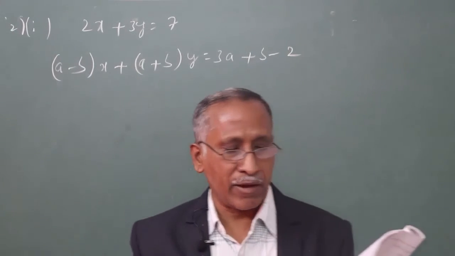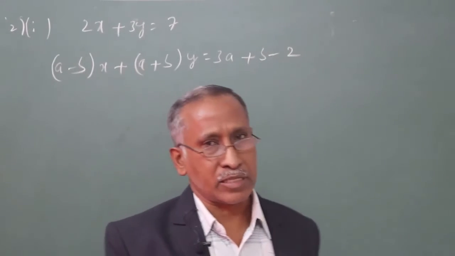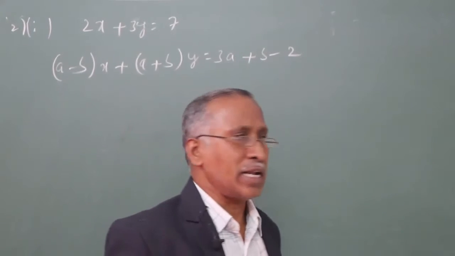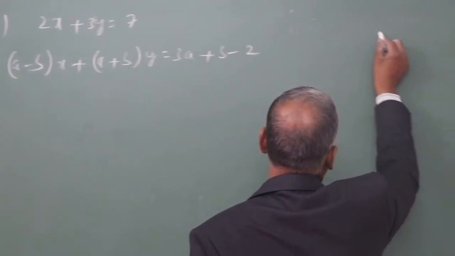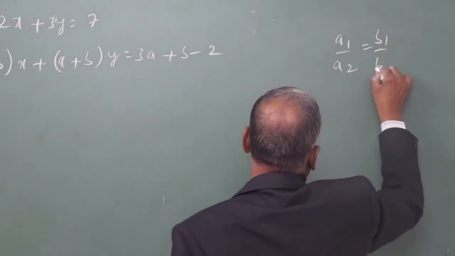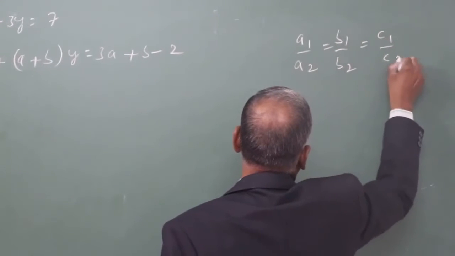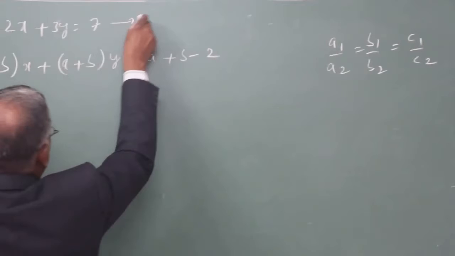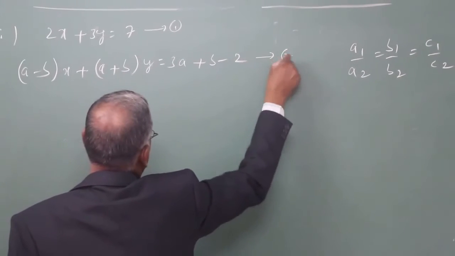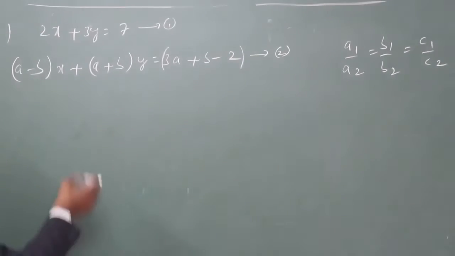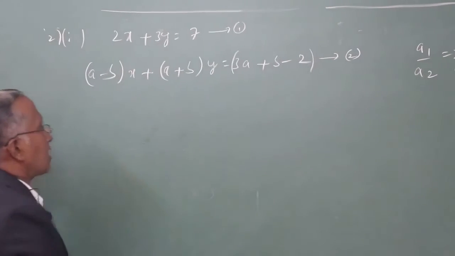But the condition they have given is that these pair of linear equations have infinite number of solutions. You know the condition. If they have infinite number of solutions, then a1 by a2 is equal to b1 by b2 is equal to c1 by c2. There we have to find out.